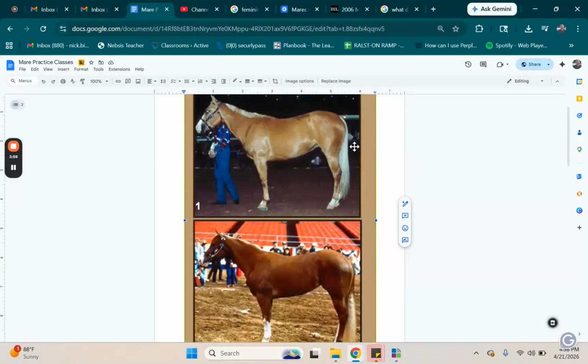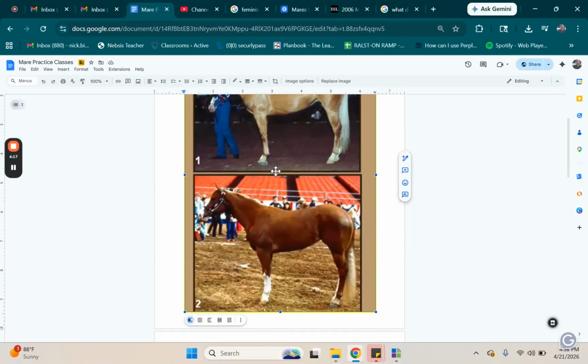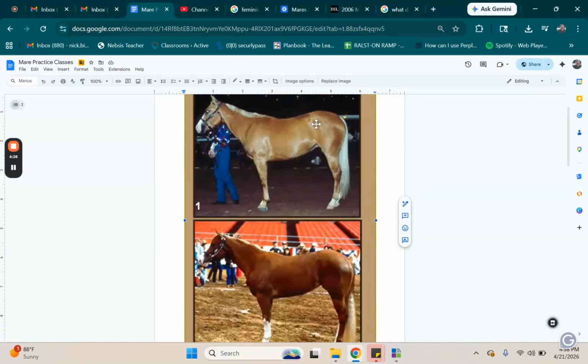When we're talking about top line, and it's hard to tell sometimes, you can see how easily you can divide that into thirds. That will tell you how balanced that horse is, and help you decide which one has a shorter top line. In this case, 2 would win. So 2 would have a shorter top line. I'm going to mark 1 tally for 2. Moving on, we talk about heart girth. Again, we're going to start at the withers here.